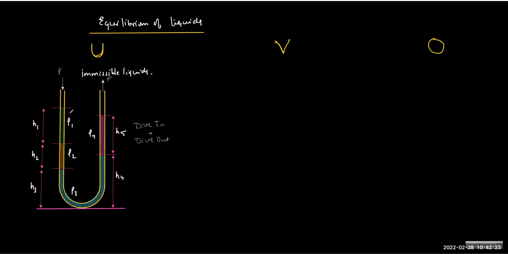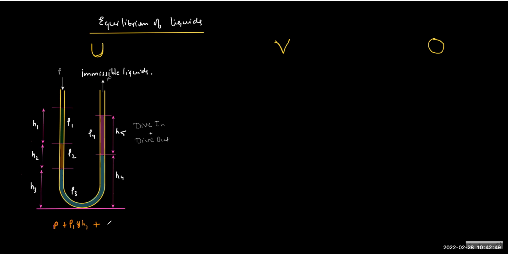So to begin with, let's come down. I can start with pressure P, correct? I enter from the surrounding where the pressure is P, and then I descend through the height H1 of the liquid rho 1. So the pressure will grow by rho 1 g H1. Then what next? You can tell me the answer now.